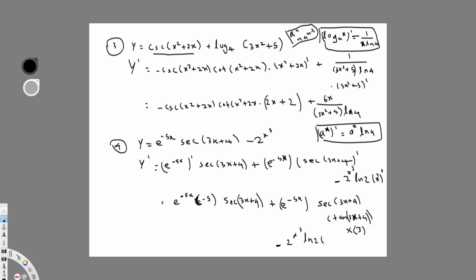So this is going to be multiplied by 3x squared. So this is my final answer. So y prime is going to be this value right here.